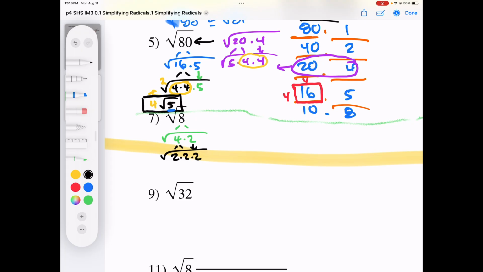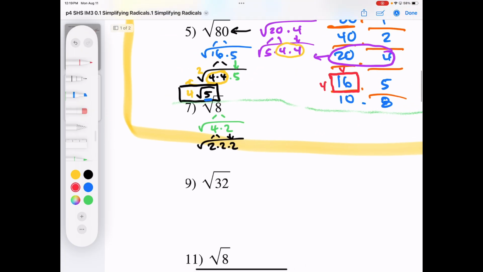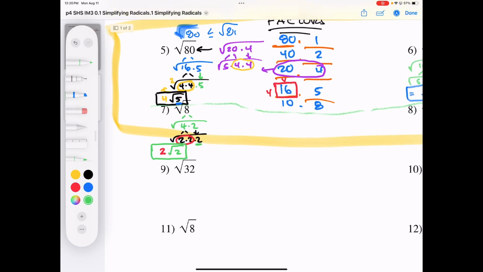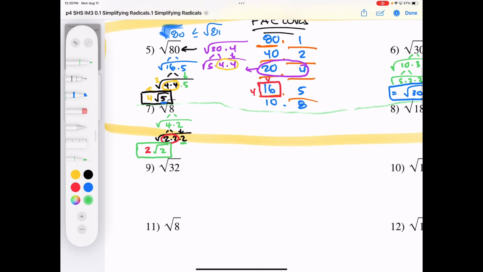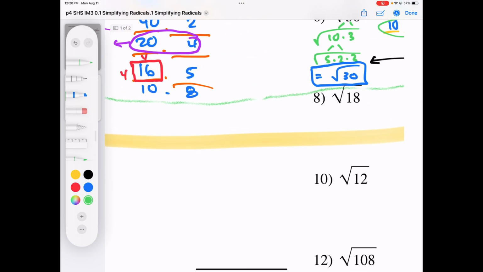What goes on the outside? Two. Green chairs. What goes on the inside? Yeah, don't forget that guy. Didn't have a pair to go outside with. Your answer is 2 radical 2. Raise your hand if you got that. Good. See, math is a process. It's not just I have the answers.